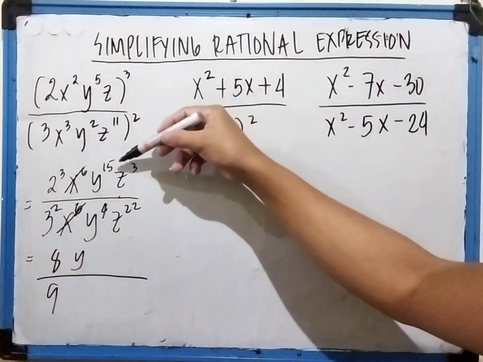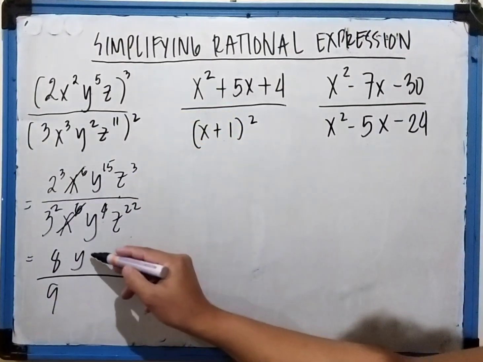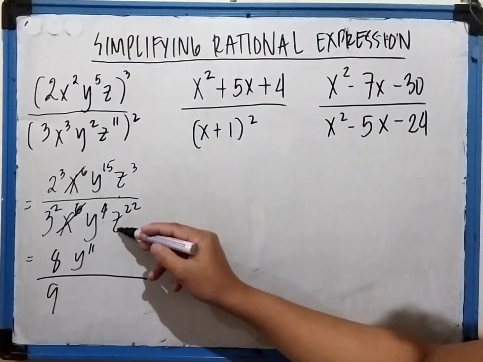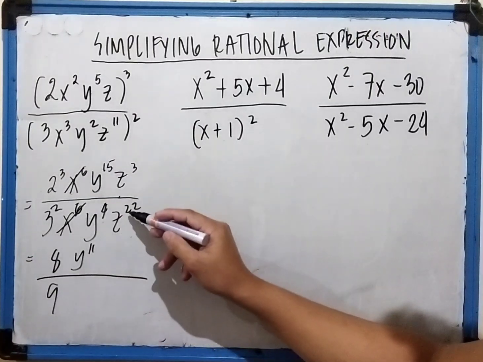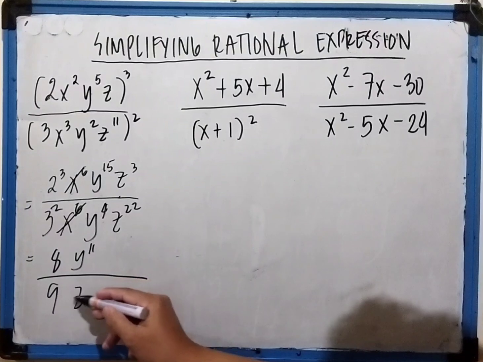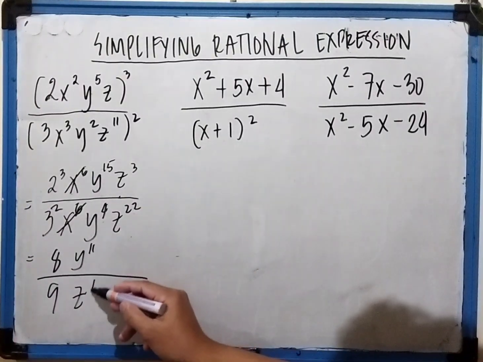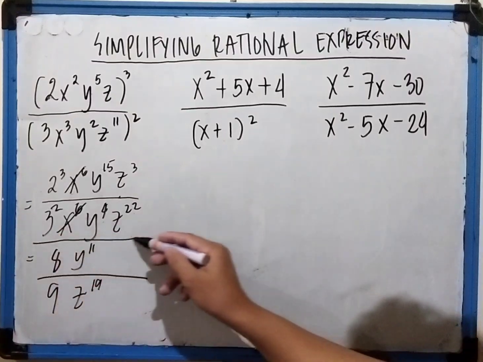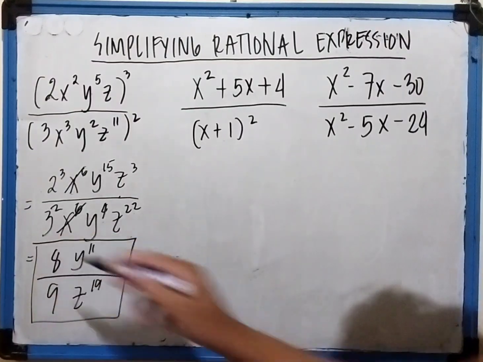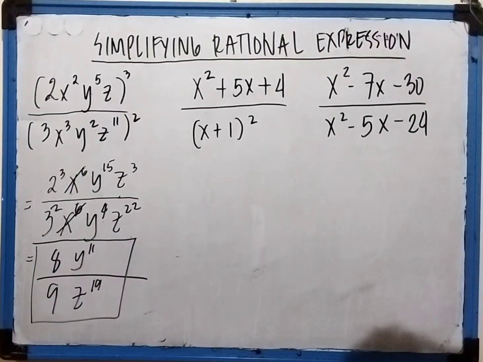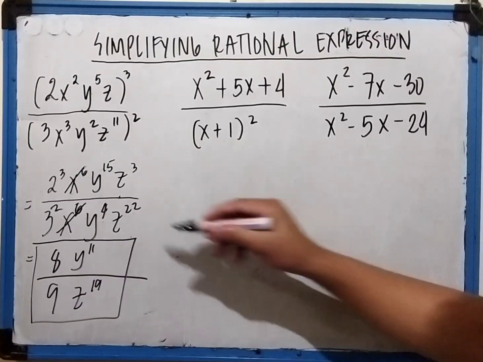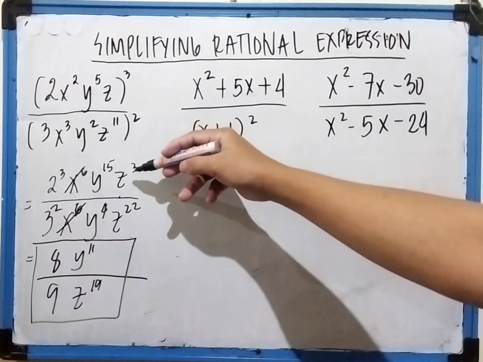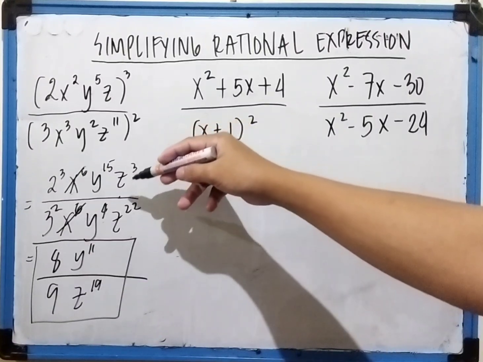Then, subtract the exponent. 15 minus 4 now is 11. In case of z, mas mataas yung nandito sa baba. So, doon natin ilagay. 22 minus 3 now is 19. Okay, so which is now the final answer. So, 8y raised to 11 over 9z raised to 19 because 22 minus 3 now is 19.